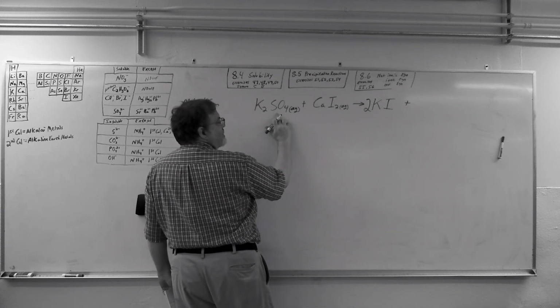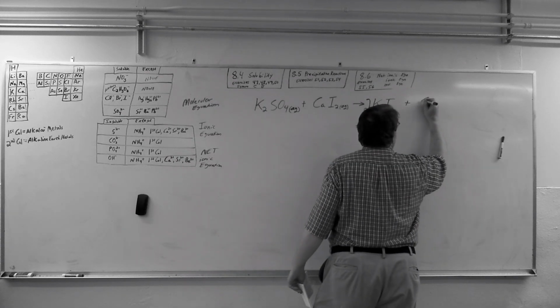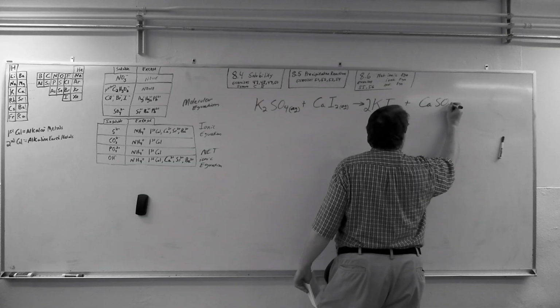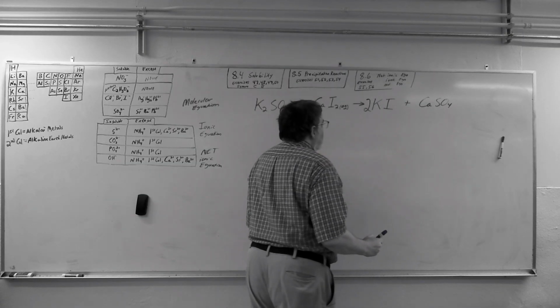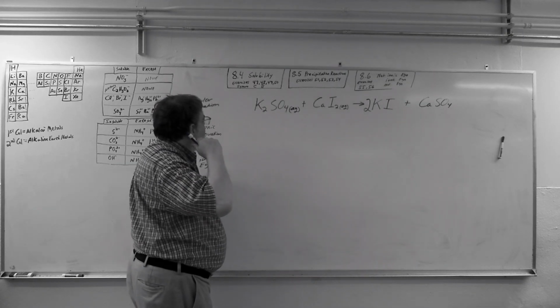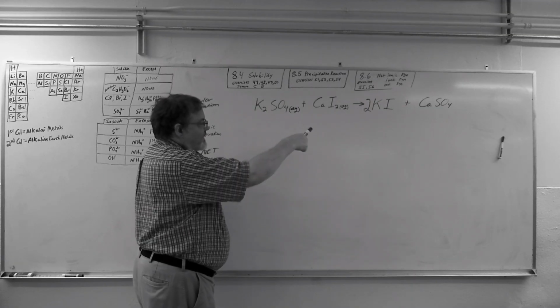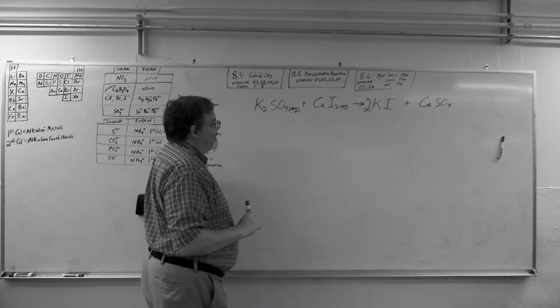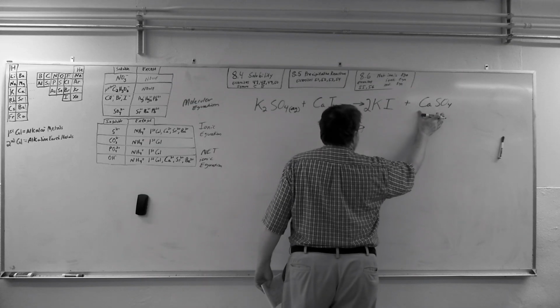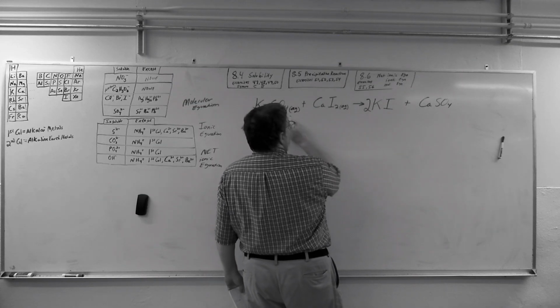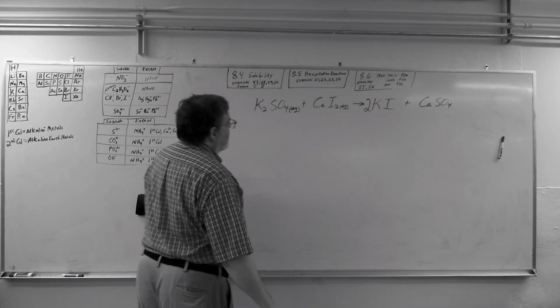Now it's calcium and sulfate. Ca is 2+, SO4 is 2-. So that's balanced the way it is. And then there's one of these and one of these, so we're good.